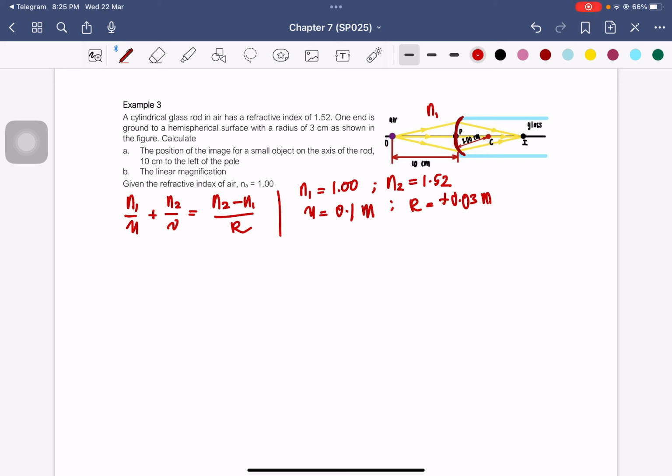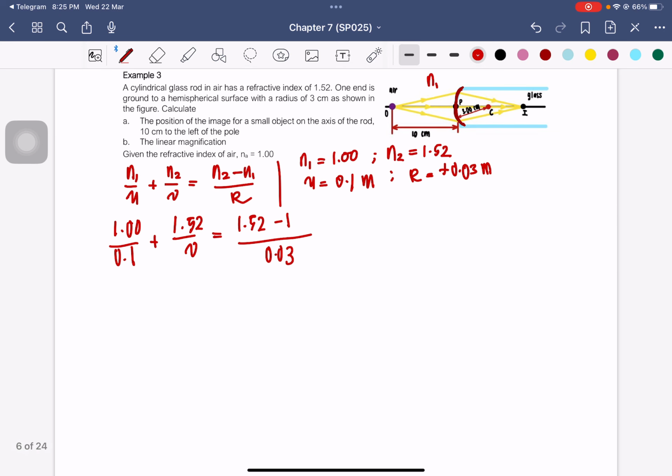Okay, so that is 1 divided by 10 centimeter, which is 0.1 plus N2. N2 is given as 1.52 divided by V, that is 1.52 minus 1 divided by R, which is 0.03. So from here, this is gonna be equal to positive 20.7.